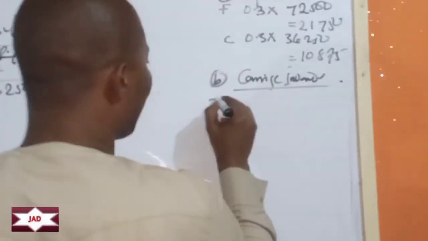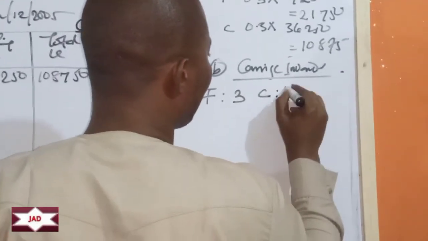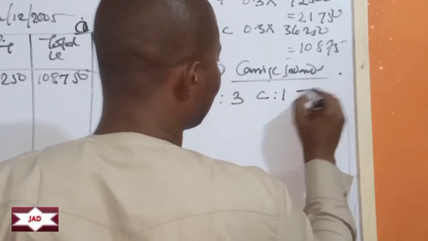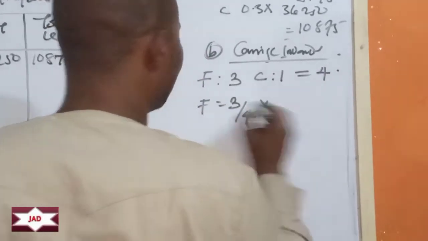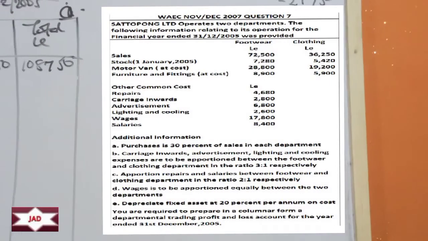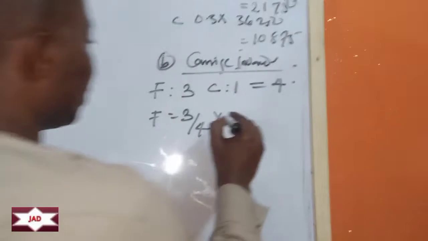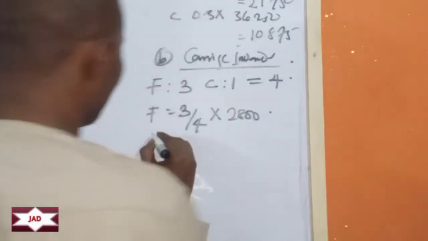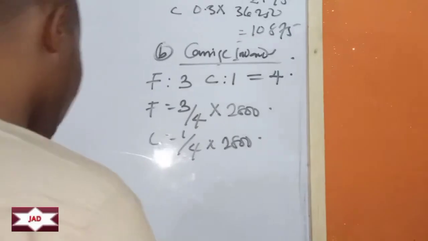For clothing, that would be 1. That is equal to 4. So footwear will be 3/4 times the carriage inward value, which is 2,800. For clothing, 1/4 times 2,800. So what do we have?